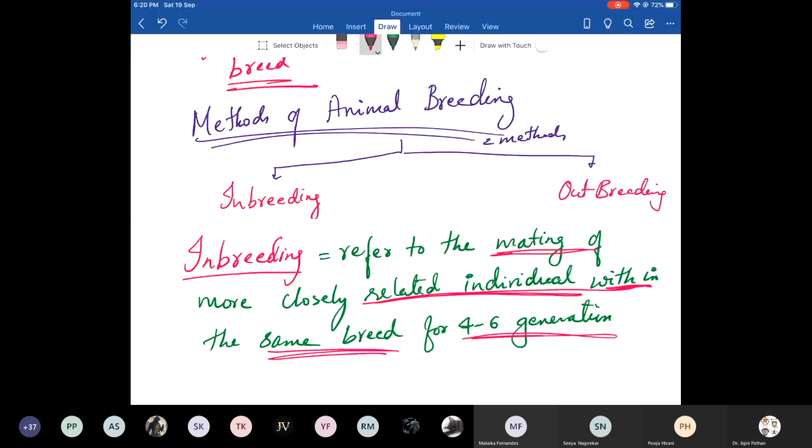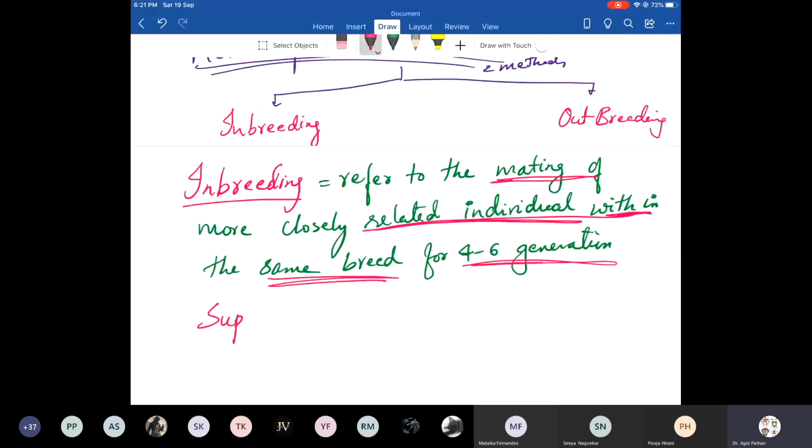Example: superior cow and superior bull. All these are very important. A superior cow means the one which gives good milk, or which gives rise to superior progeny, like the sperm production is very high in a superior bull.